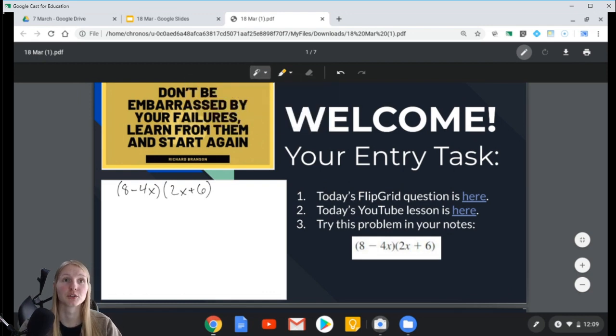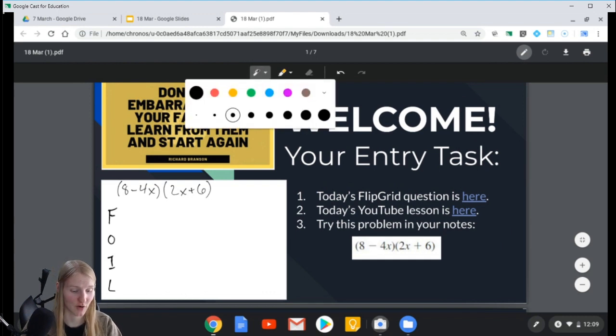Anytime I am multiplying two binomials together, I can FOIL them. Or as we discovered in Spanish, it is PADAFU. PADAFU was the acronym in Spanish for first, outside, inside, and last.